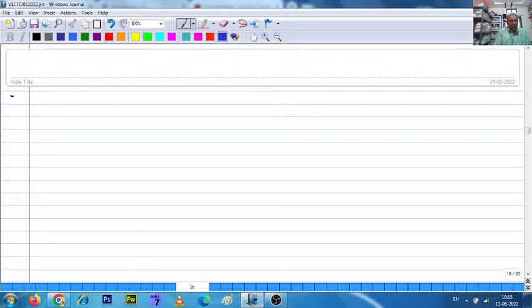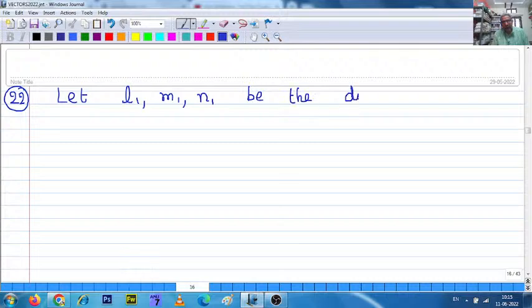So next, 22nd one. Let us move to 22nd one. Right. Let L1, M1, N1 be the direction cosines of A bar.